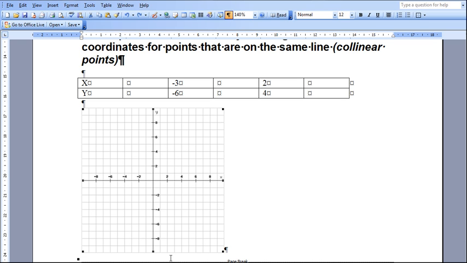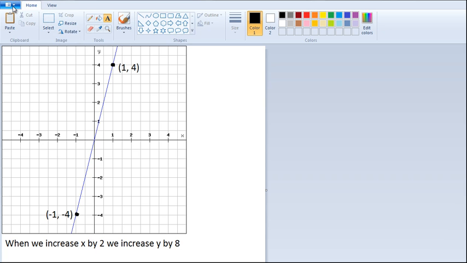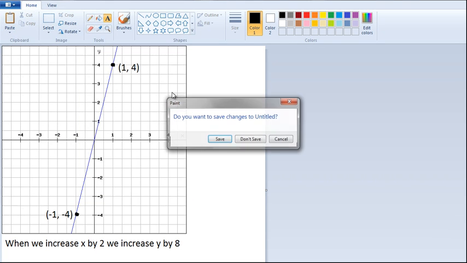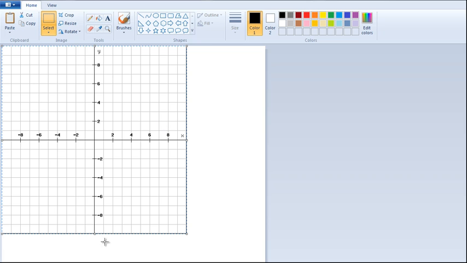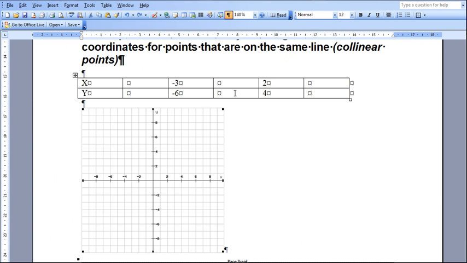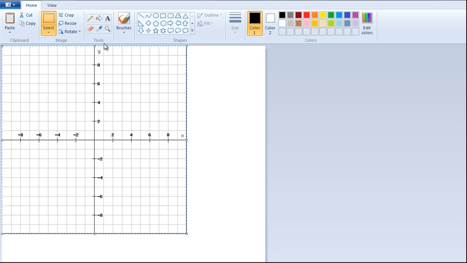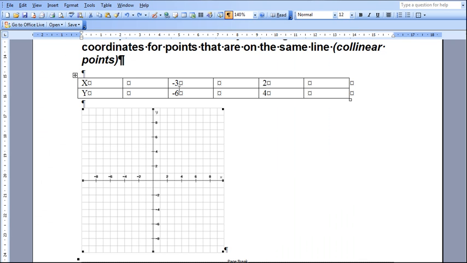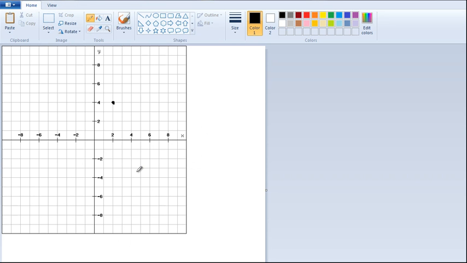Let's do this in Paint. So remember, 2, 4, -3, -6. So 2, 4 is this one. And then -3, -6.